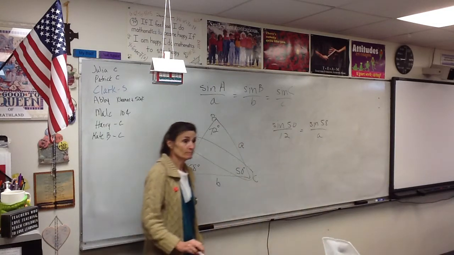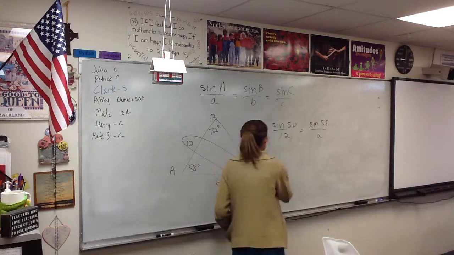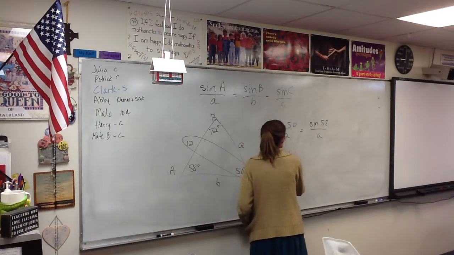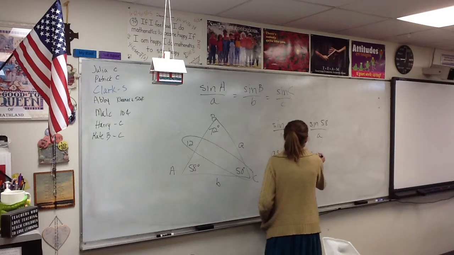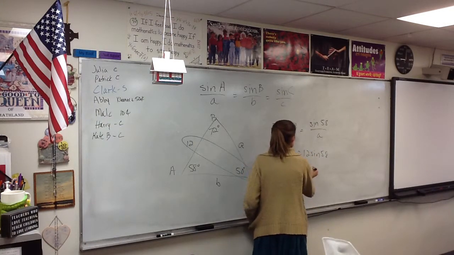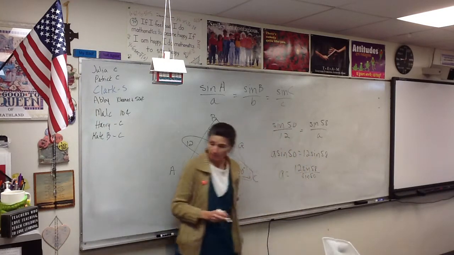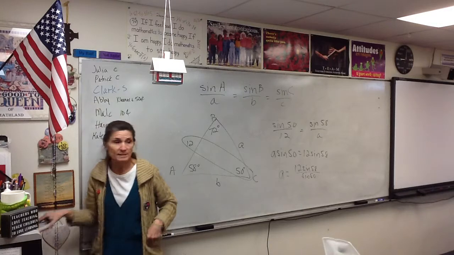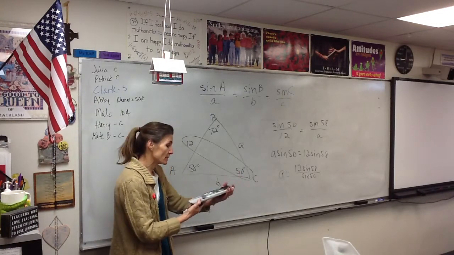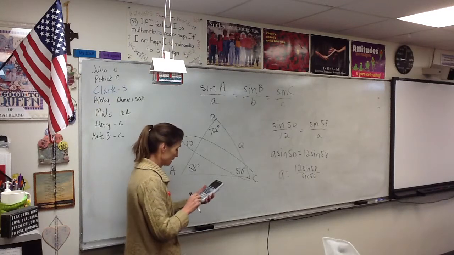Everybody clear on the setup? So then we cross multiply and divide. So A is going to equal 12 sine 58 over sine 50. All of this is totally calculator dependent. We're going to use a calculator every single day on every single problem.